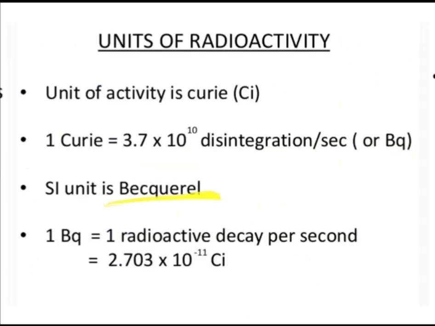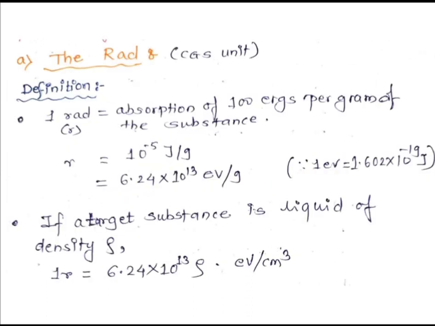So electron volt per gram is there and our density unit is gram per centimeter cube. So simply gram will get cancelled and the final unit of rad for the liquid substance is electron volt per centimeter cube. So this is all about the rad.